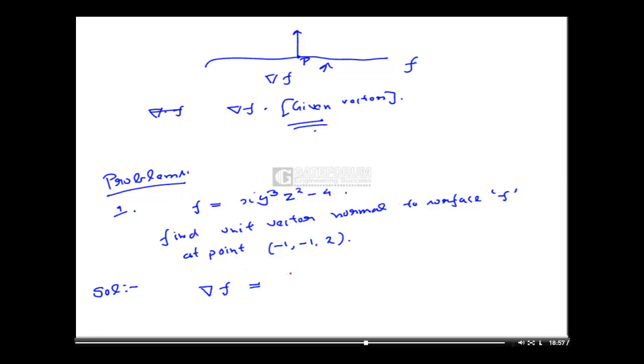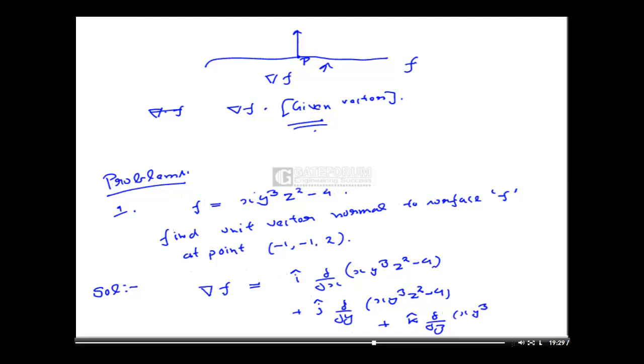This will be i times of delta by delta x of x y cube z square minus 4 plus j times of delta by delta y of x y cube z square minus 4 plus k times of delta by delta z of x y cube z square minus 4.